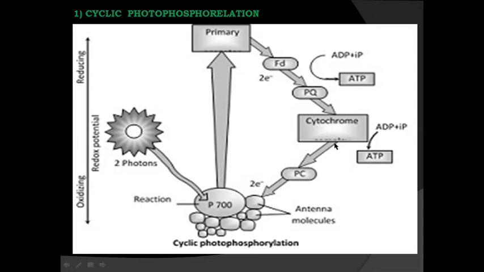And now this electron moves towards plastocyanin and goes to its original position. That's why this process is known as cyclic photophosphorylation. Pigment system first is involved, its reaction center is P700, and two molecules of ATP are synthesized during cyclic photophosphorylation.